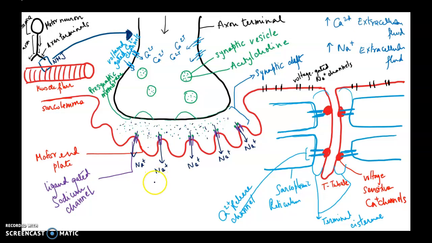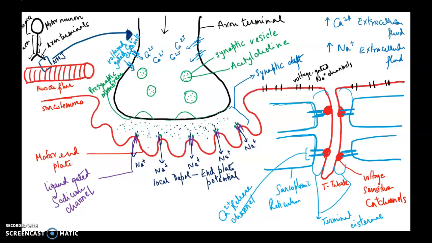So we have a local depolarization here. And this local depolarization is called end plate potential. So sodium brings in positive charge. There is local depolarization of the membrane at the motor end plate, leading to end plate potential.